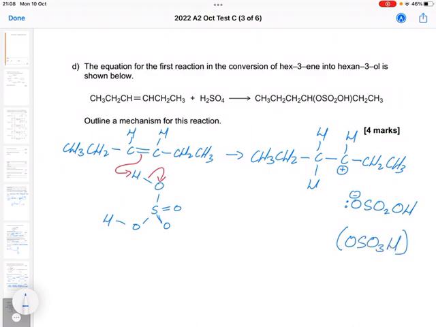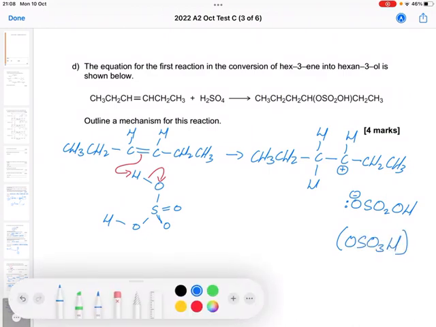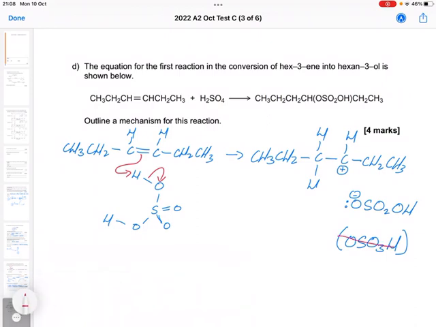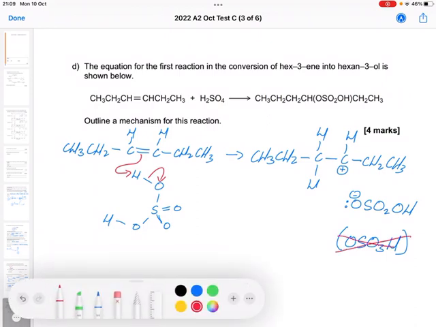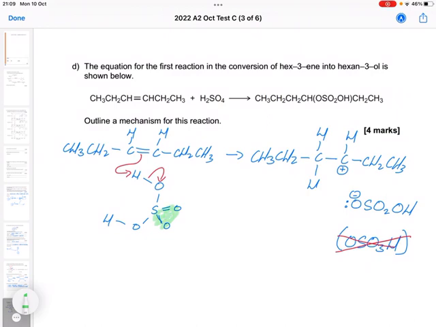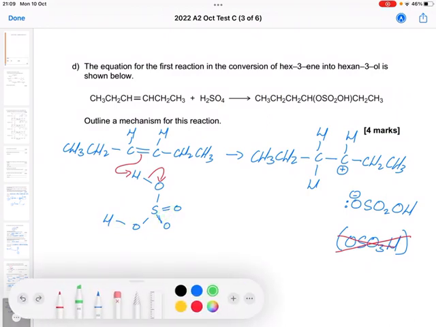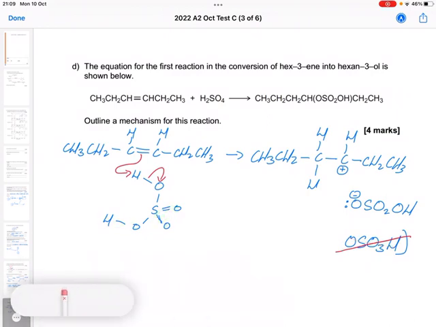That will be marked incorrect and that will be wrong. So they are not allowing that. Okay, so never write SO3H. It's always got to be SO2OH to represent the SO2 here and then the OH over there. Okay, so rub this out just to make sure that people don't think that that is okay.